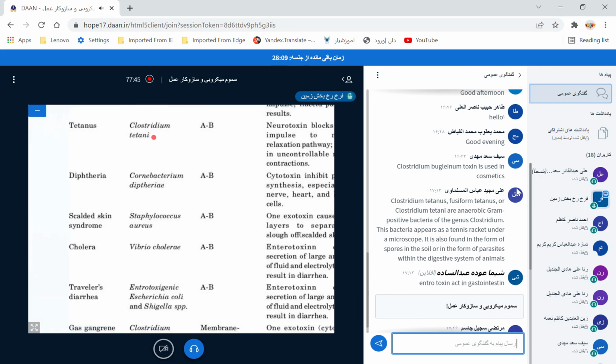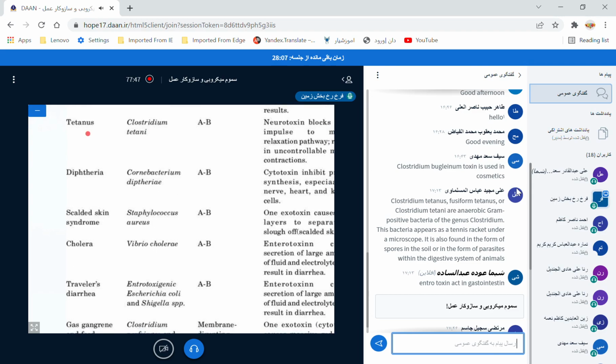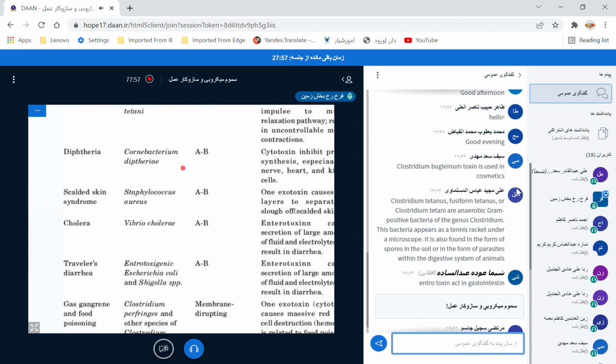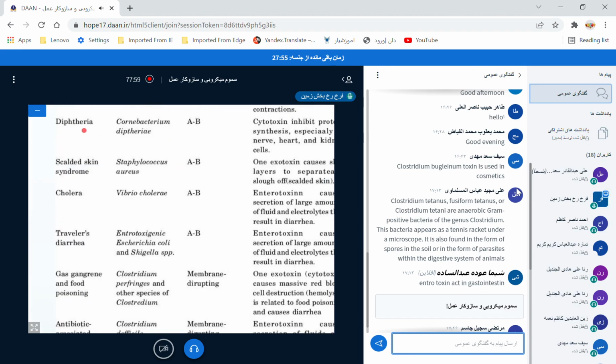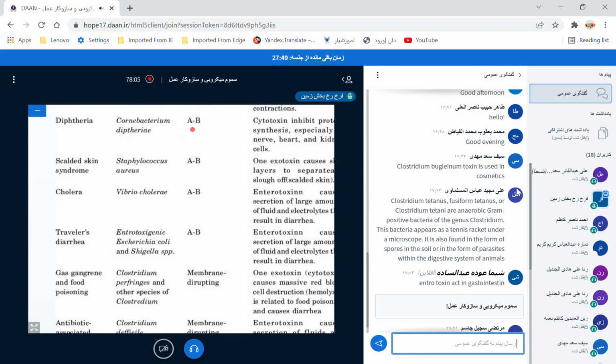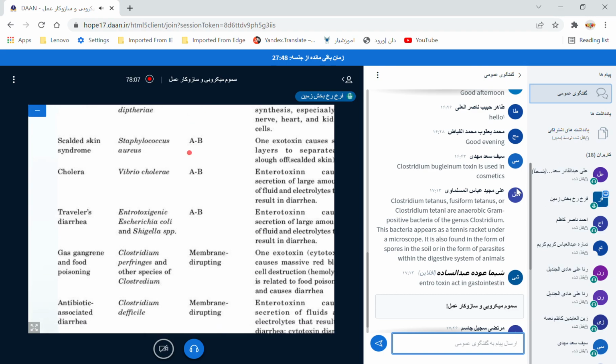Then we go through tetanus, which is produced by Clostridium tetani. The toxin has AB subunits. Then diphtheria, which is caused by Corynebacterium diphtheriae. Again, it has AB subunits.